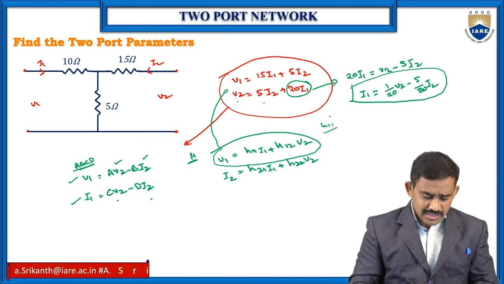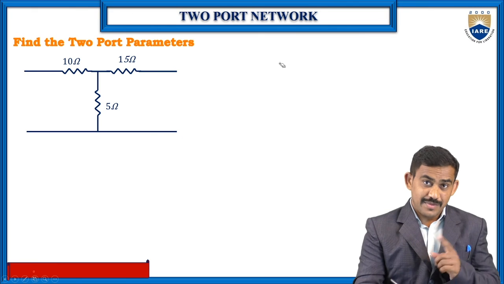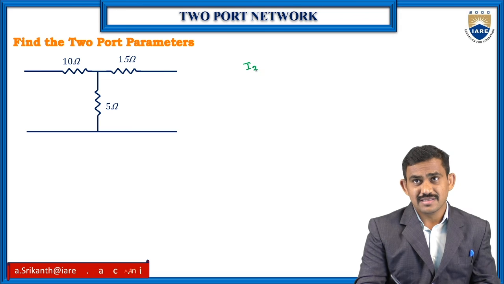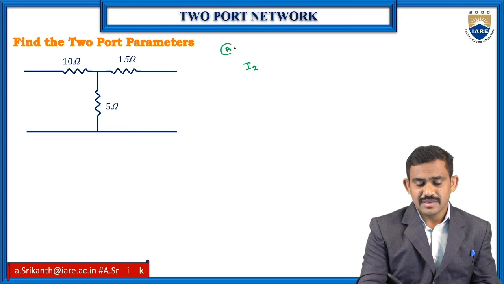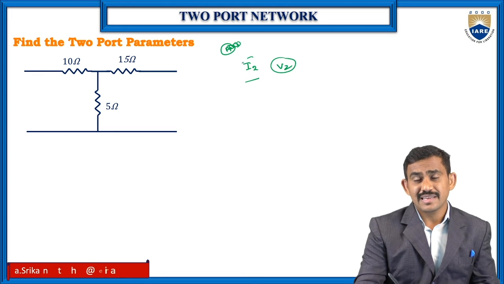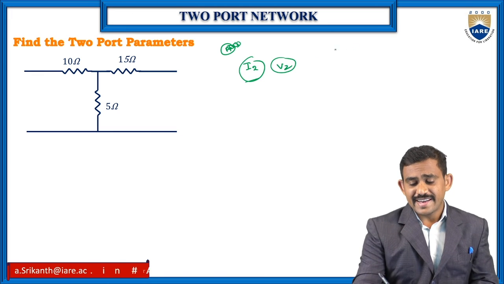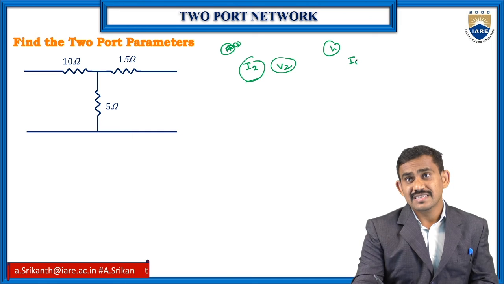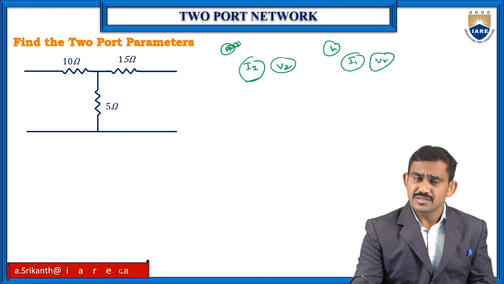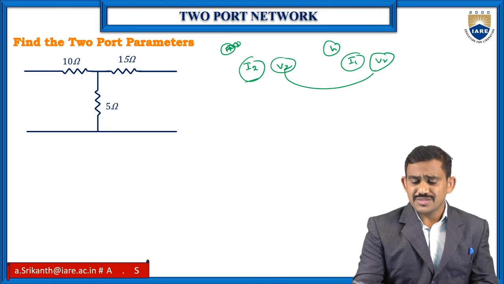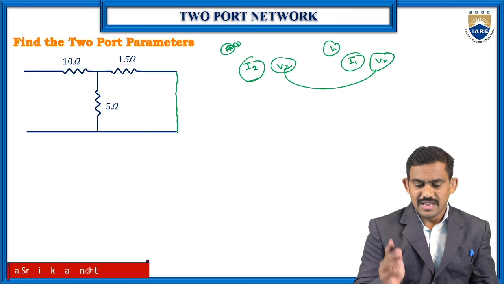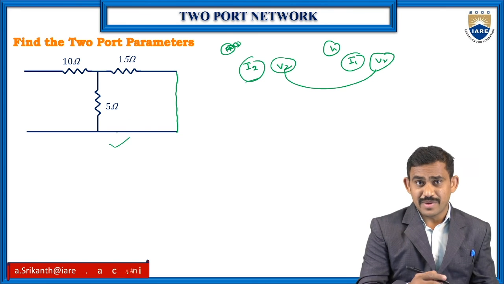Going to conditions is also very simple. For ABCD parameters, the condition is I2 current and V2 voltage equal to 0, and for H parameters, I1 current and V2 voltage equal to 0. V2 equal to 0 means the secondary side is short circuit, then find the values, and this is already computed with Y parameters, am I right?